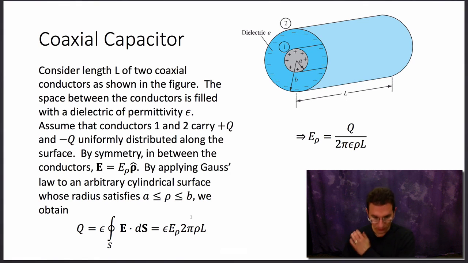The flux of the electric flux density is equal to the charge enclosed, which is Q, since we've enclosed the total charge Q on the inner surface with this Gaussian surface. You can solve this equation for the rho component of the electric field, which simply goes down as 1 over rho.